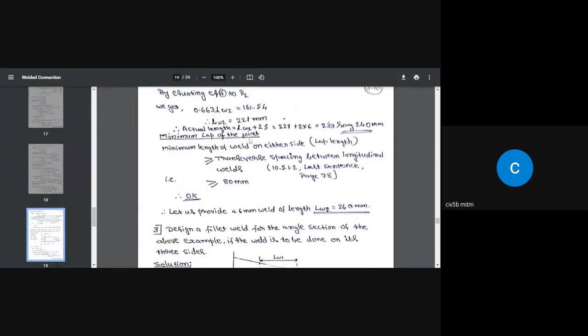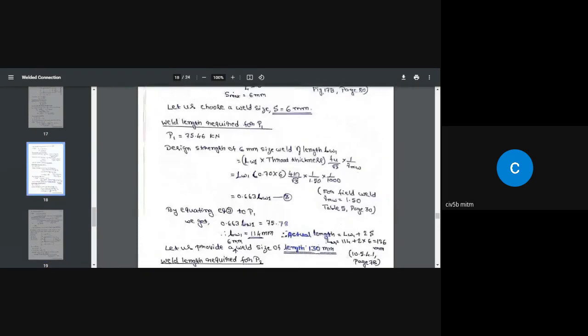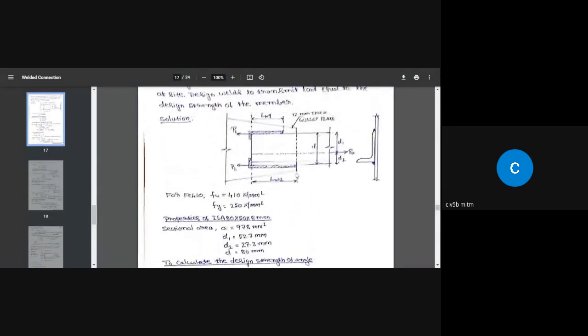So here, the minimum lap of the joint. Lap is nothing but, if I go back, from here to here, what is the length? That is the lap length. That means this is the length of the angle which is going to be in contact with the gusset plate.